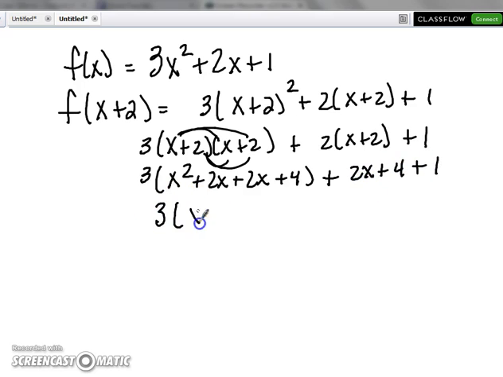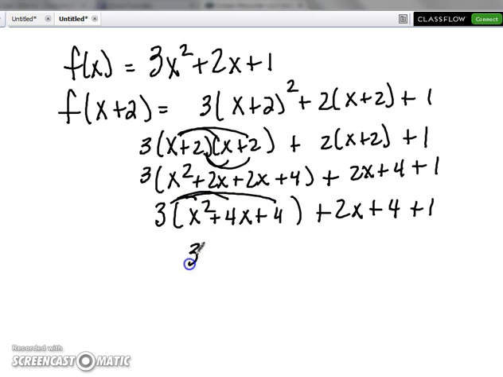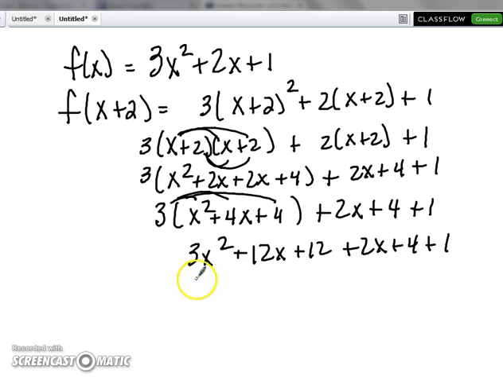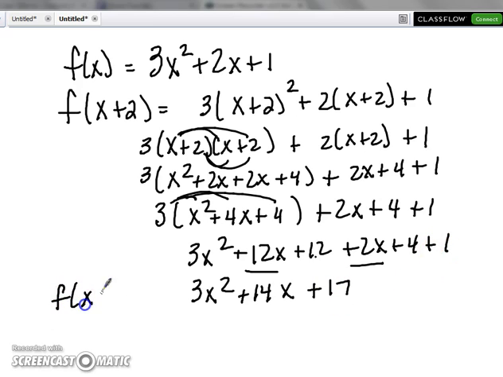Which is going to be 3 times x squared plus 4x plus 4, which is now distribute. And so now this is going to be 3x squared plus 12x and 2x, which is plus 14x, plus 12 and 4 is 16 plus 1, which is 17. So f of x plus 2 is equal to that.